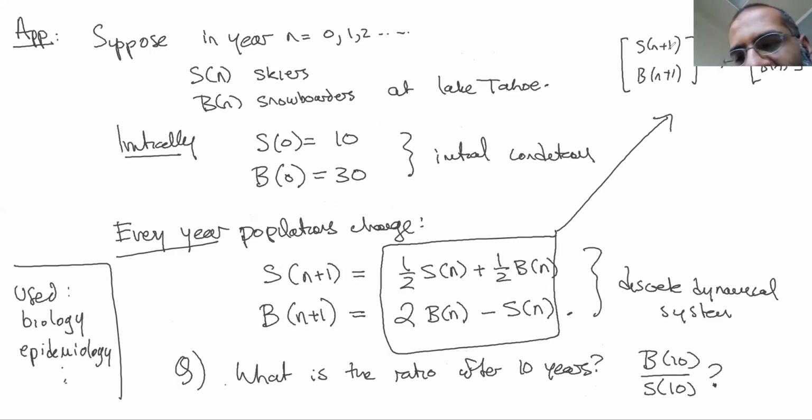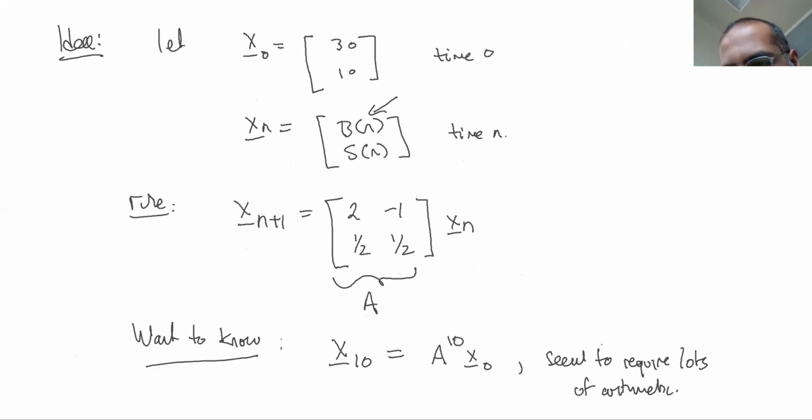Okay, but then does it make sense? Yeah. So the relation is you have your B of n, S of n, B plus 1, and S of n. And if you literally flip these equations, you get the matrix that's written here, 2, minus 1, half, half.